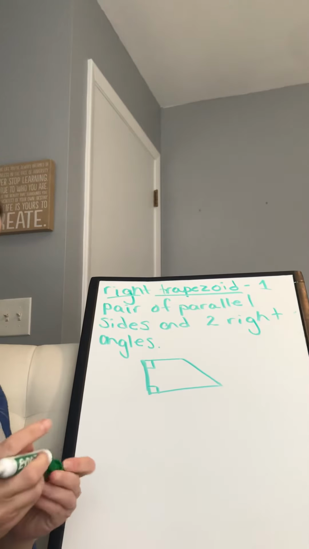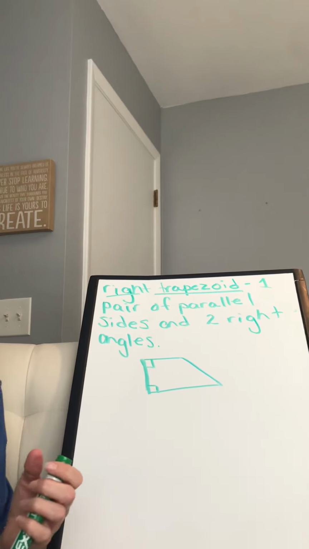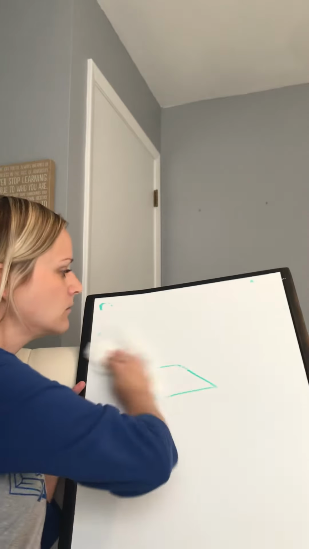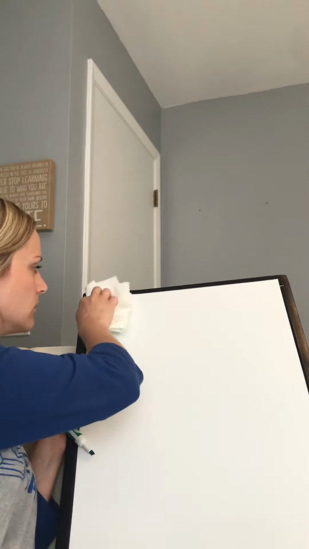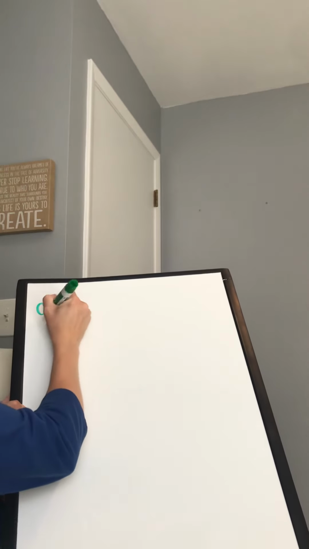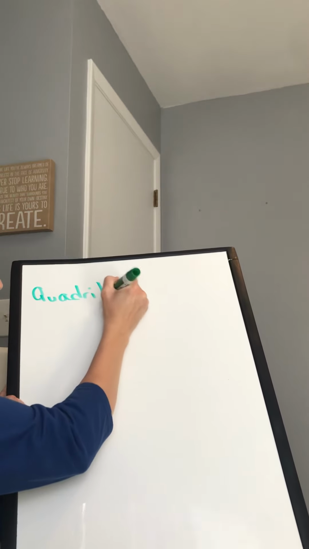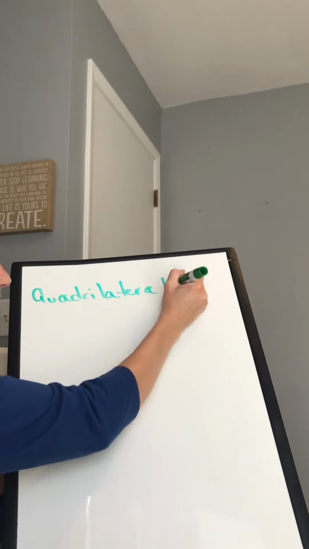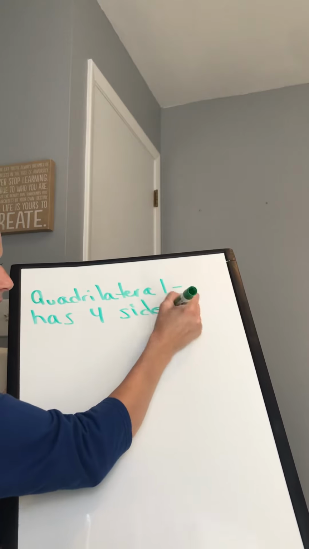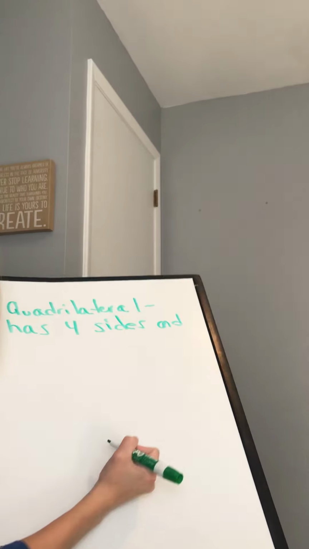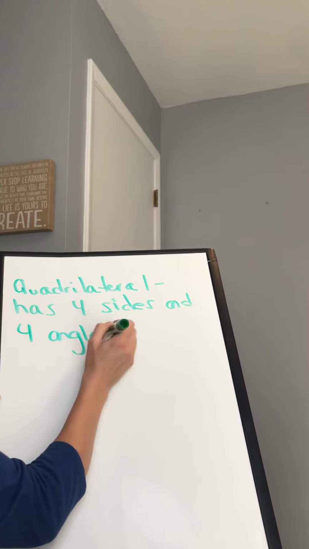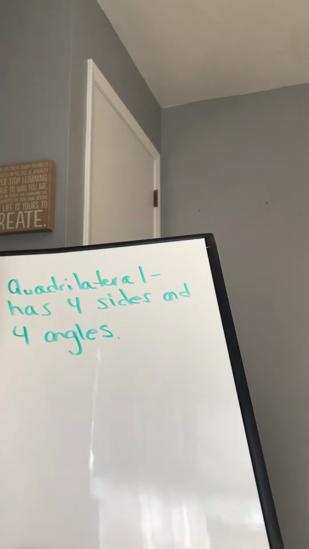Okay, so a quadrilateral, I'm going to erase this really quickly. Okay, a quadrilateral is any shape that has 4 sides and 4 angles, okay? Any shape that has 4 sides and 4 angles.